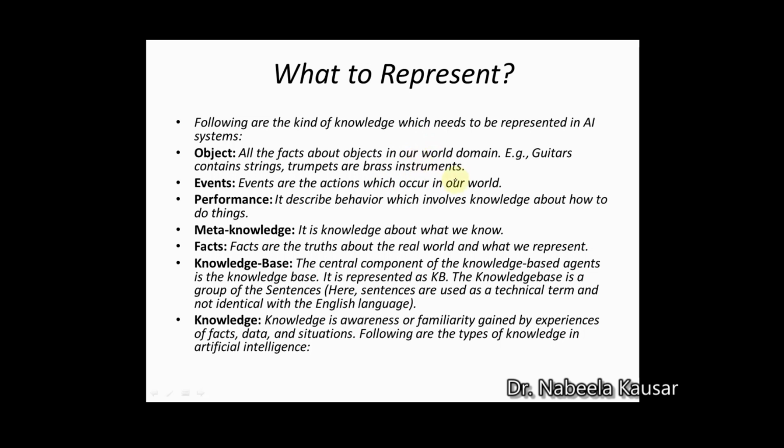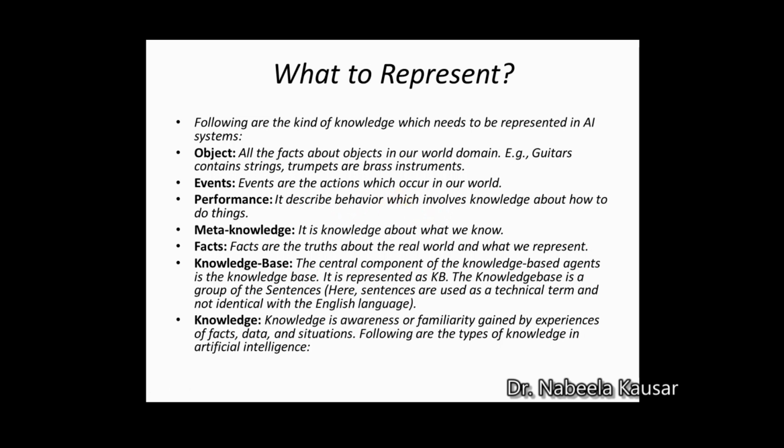The patient has the high body temperature. The second type of thing that can be presented as knowledge is events. Events are the actions which occur in our world. Third, performance. It describes behavior which involves knowledge about how to do things. Performance is how to do the things.